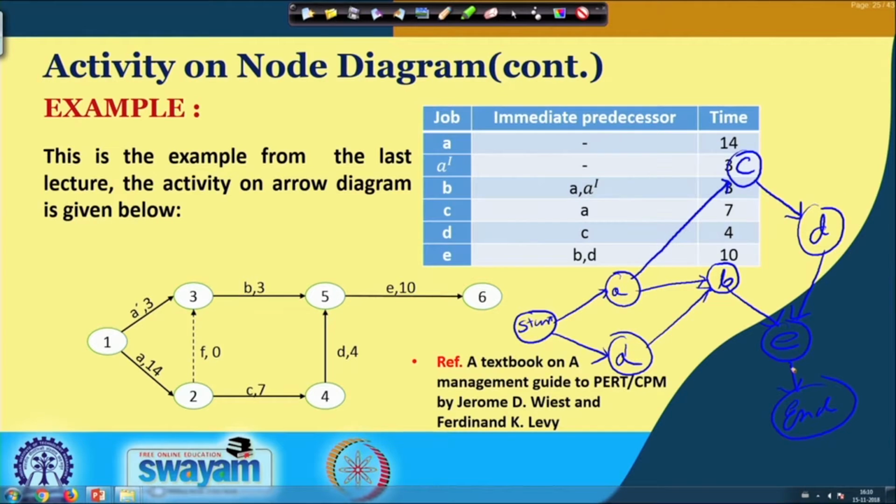So, basically what we are doing, we are forming the precedence and succedence while we are placing the jobs on the nodes, and only the arrows are given for showing the precedence and succedence, and that is why we do not need the dummy activities which were required at this position.